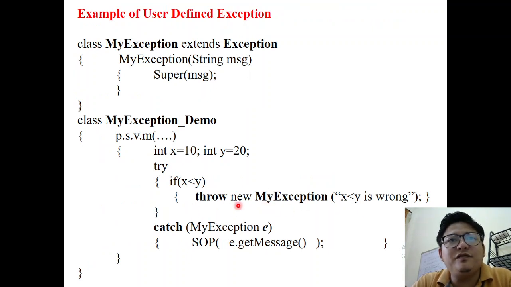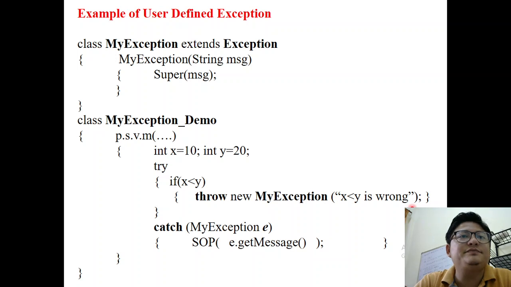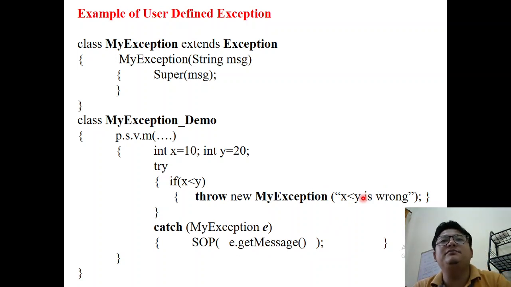If the try block is executed properly and an exception is encountered, that object will be thrown out here in the catch block in the form of E. Now E is the name of the object that has been created, with the help of which this string has been initialized in the MSG of the Throwable class. Then using e.getMessage, you retrieve this message from the Throwable class. So that's how you can customize your own message.